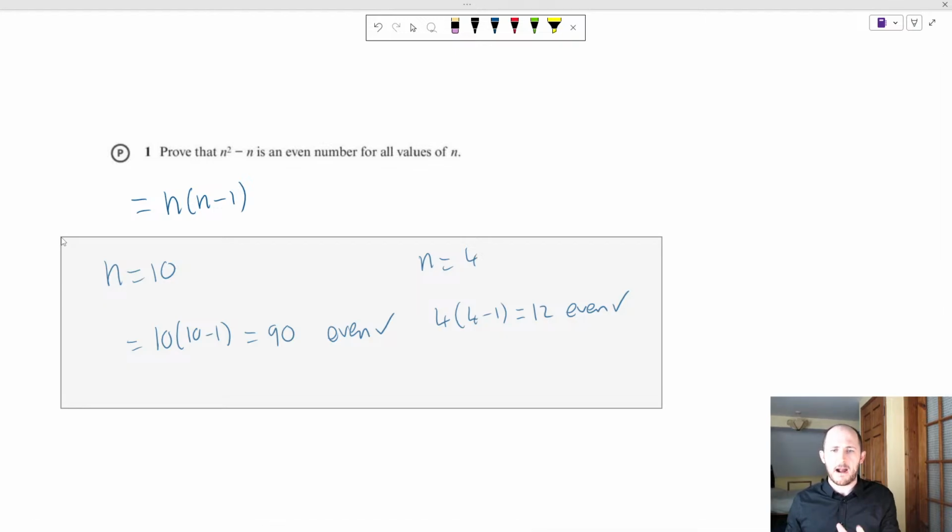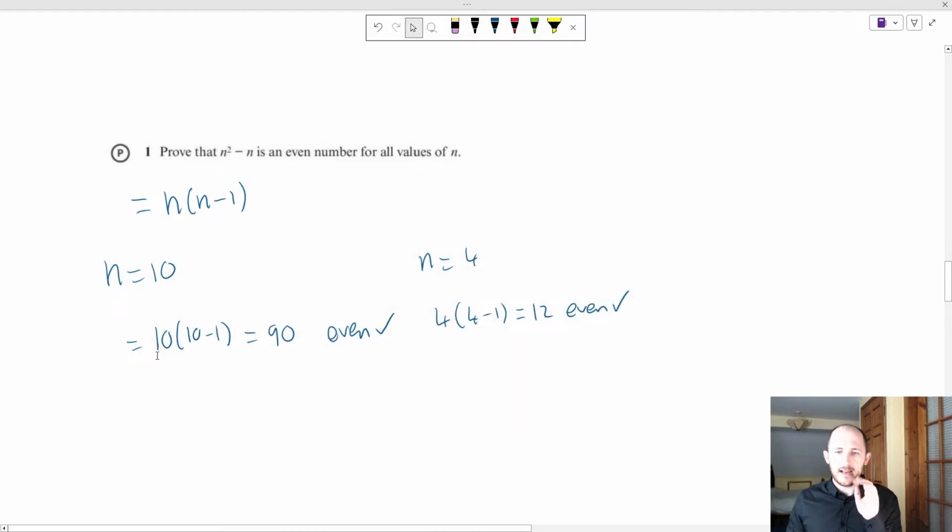Now, we need to think about why. Why does this work? Well, if we have a look at the values in the brackets, let me work them out for you. What do you notice? If n is an even number, n take away 1 will be an odd number.